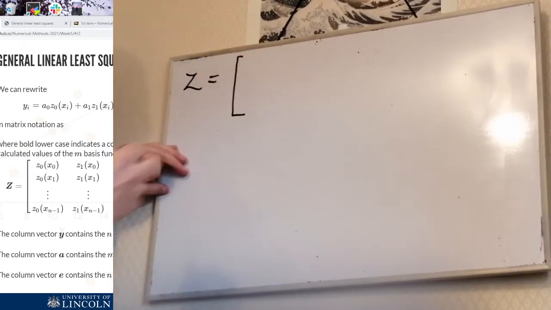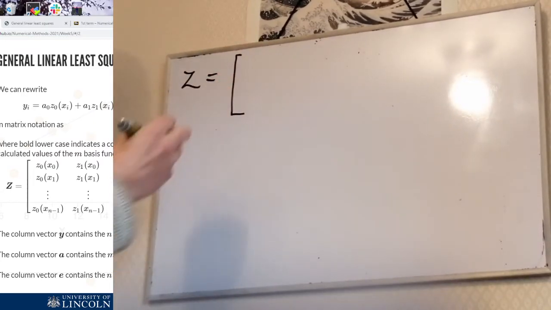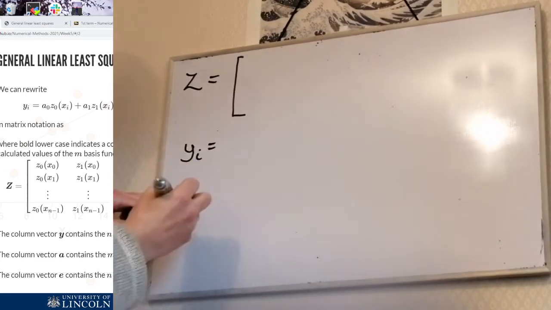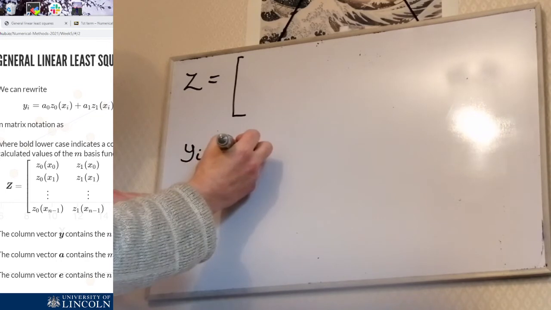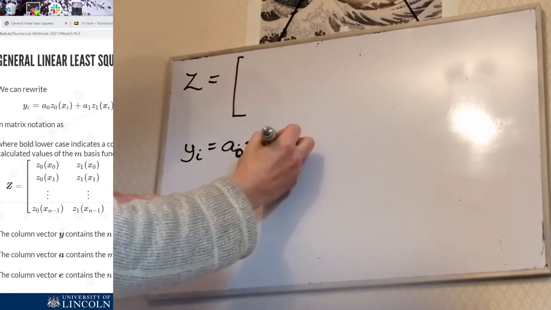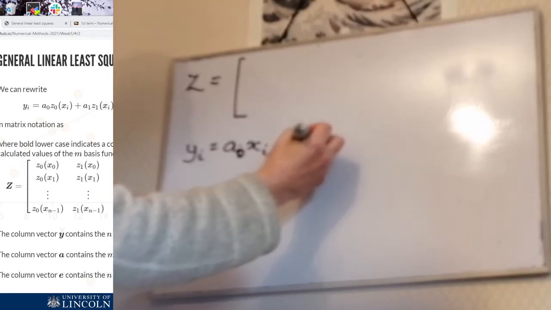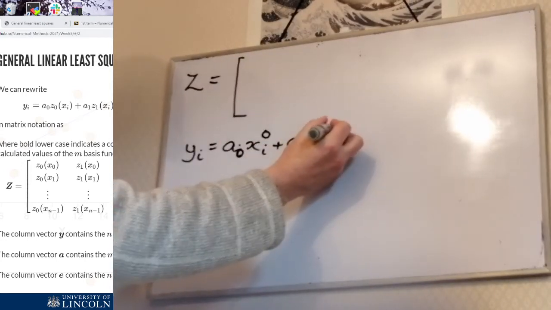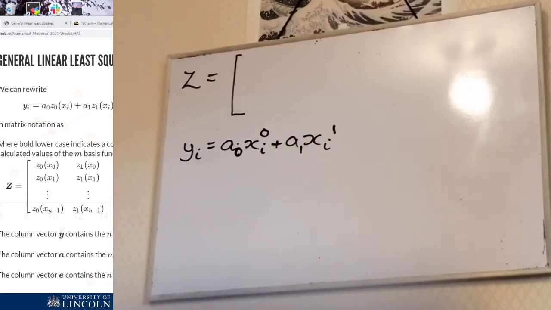We've got this. If we take our linear regression model, we've got y_i equals a0 times the i-th x value to the power 0, plus a1 times x_i to the power 1.